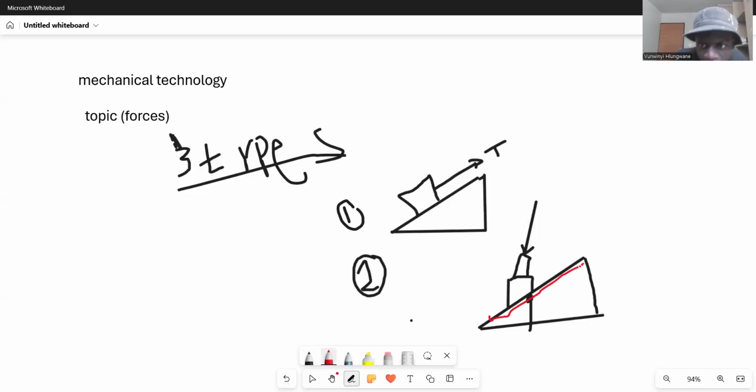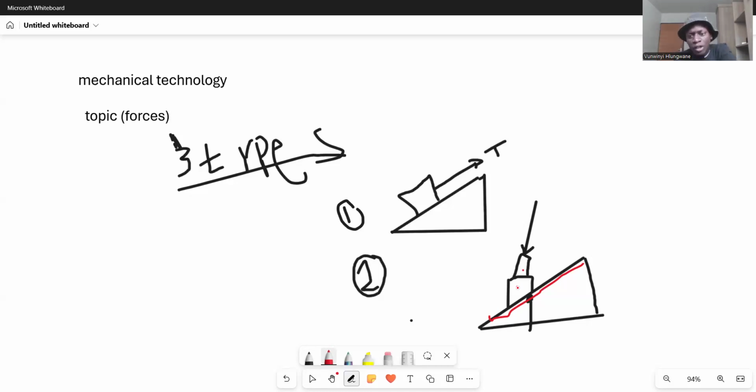If this is a surface and these two things are objects, that means these objects are releasing the force downwards, because the objects have mass and that means on that surface it is pressurizing downwards.